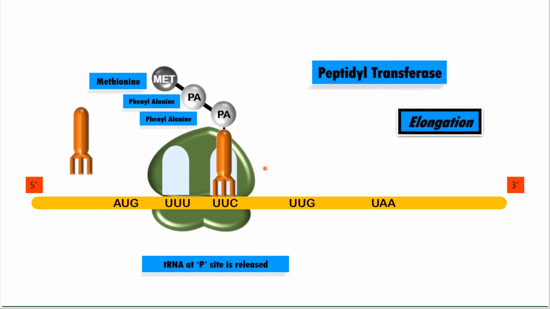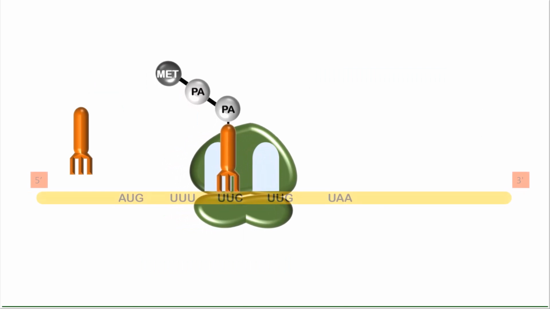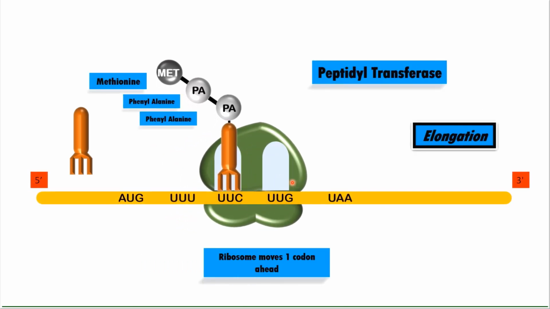Now here what will happen, this tRNA will go to the cytoplasm for bringing the next amino acid and the ribosome will move one codon ahead. Now this A site is vacant. Now we know that UUG codes for leucine, and here the tRNA attached to leucine will come and bind to this A site.